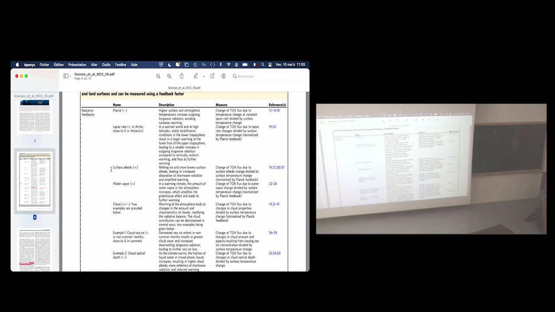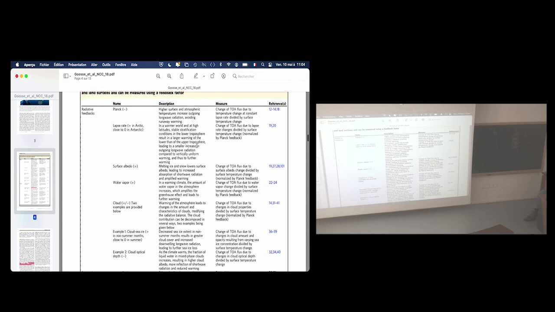For example, you take the most known feedback, which is the surface albedo feedback. Melting ice and snow lowers surface albedo, leading to increased absorption of shortwave radiation and amplified warming. And you can measure that by a change of top of atmosphere flux due to surface albedo change divided by surface temperature change, and you have a list of references.